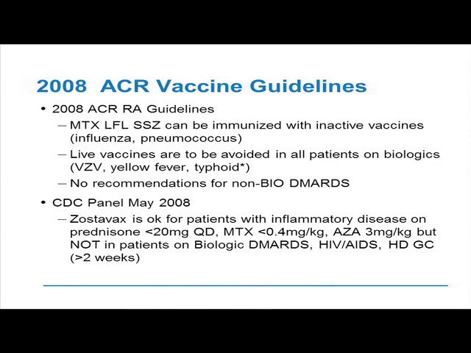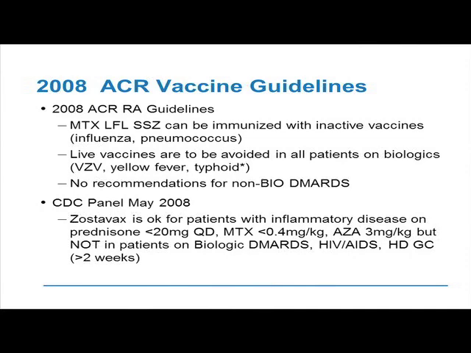Ever since 2008, we've had increasing recommendations on our vaccine guidelines from various sources, ACR and CDC. And in fact, the 2012 update of the 2008 recommendations on biologic and non-biologic DMARDs in RA patients has recently been published and is more explicit than ever.